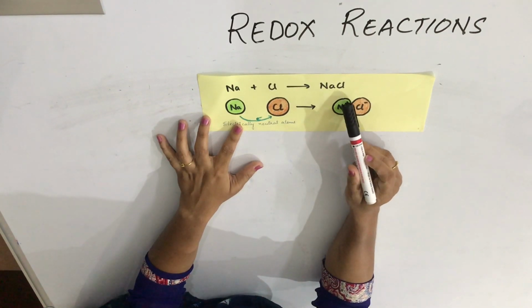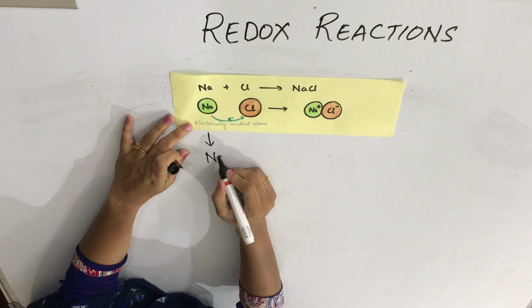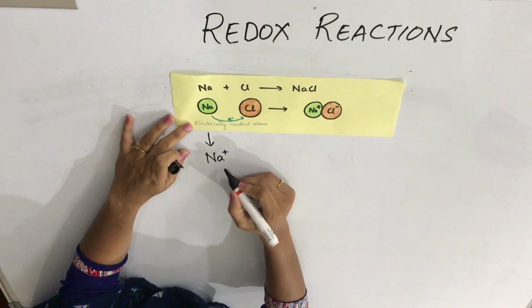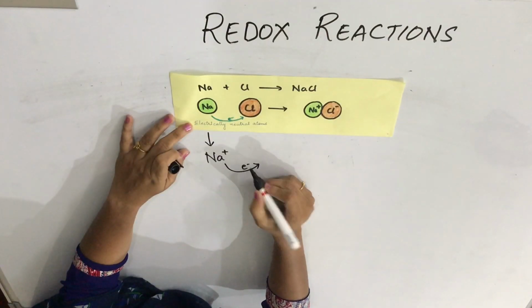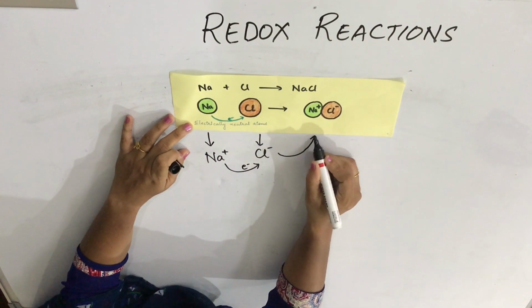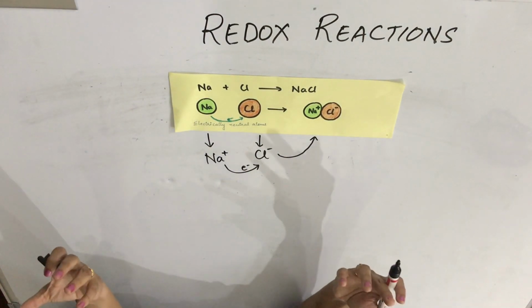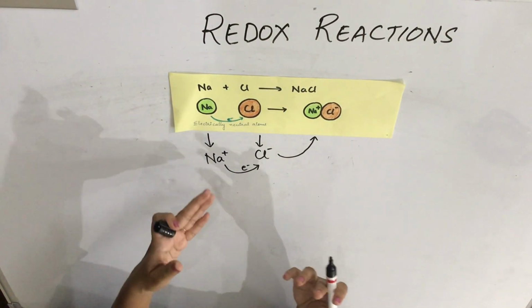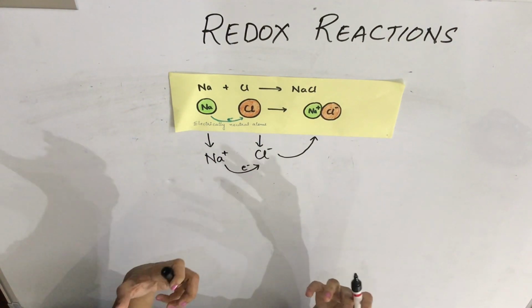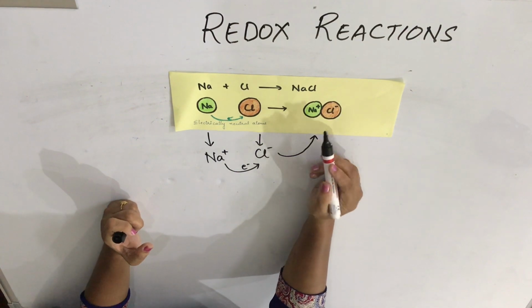So Na becomes Na+, and it will give away its electron, and Cl will become Cl-. Neutral atoms do not attract, but once they get the charge, the positive and the negative will attract each other and form a compound.